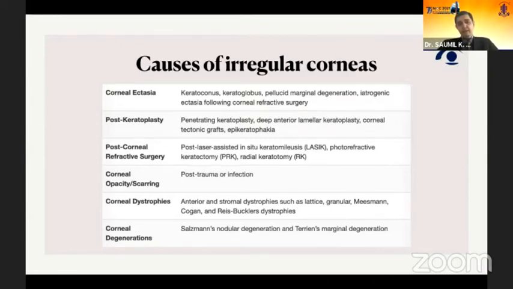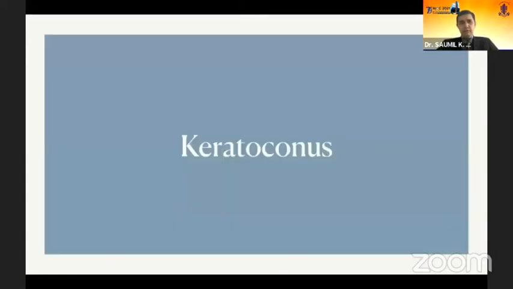Corneal opacity and scarring, whether post-trauma or very commonly post-infection. Corneal dystrophies and degenerations are the other causes. So in this talk, I'll be speaking mainly about two aspects from the whole list, that is keratoconus as an ectasia and scarring as an irregular cornea.